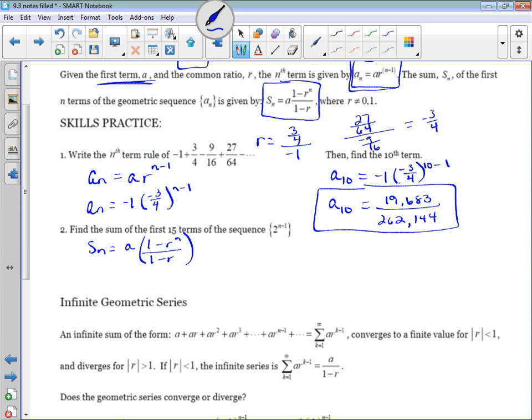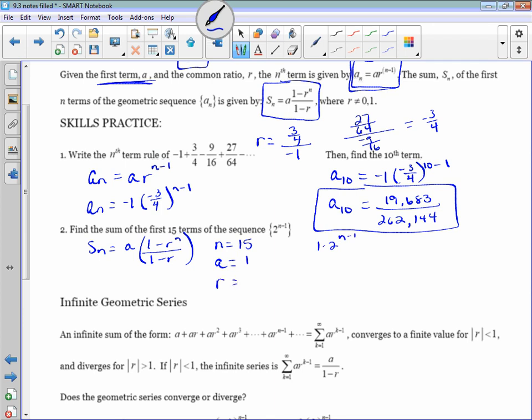Okay, so we clearly need our n, we need our a, and we need our r. So what is n? That's the easy one. 15 terms, so n is 15. What's a? Somebody said 1. Yes, it is 1. Do you guys see how it's 1 times 2 to the n minus 1? So a has to be 1.